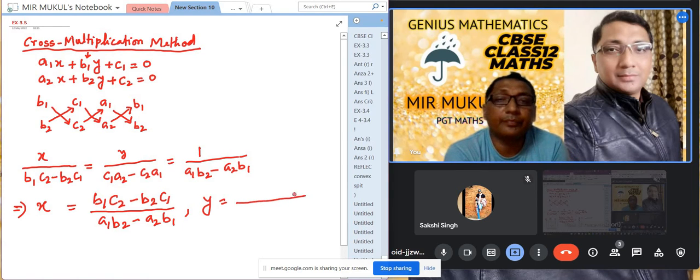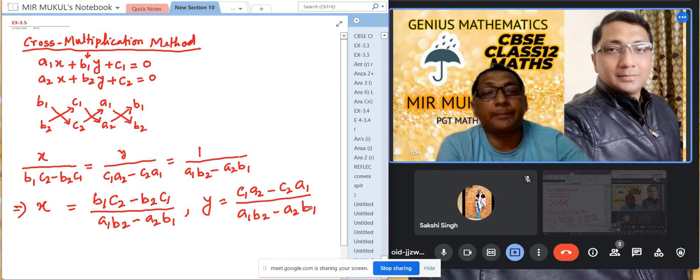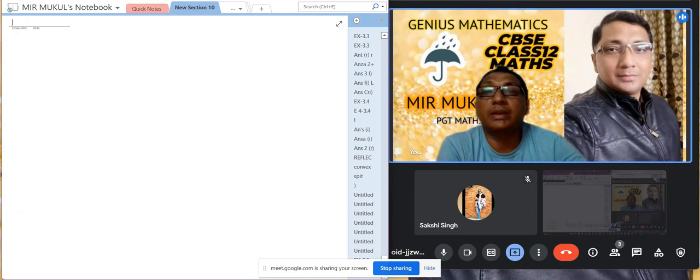So c1 a2 minus c2 a1 divided by a1 b2 minus a2 b1. So this method is called the cross multiplication method. Okay. Now we'll do exercise questions.